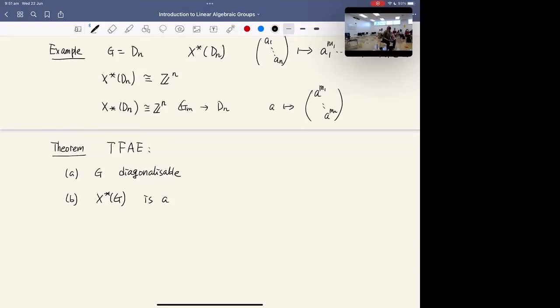But I asked earlier if you have an example of a disconnected diagonalizable group. Finitely generated, very good.